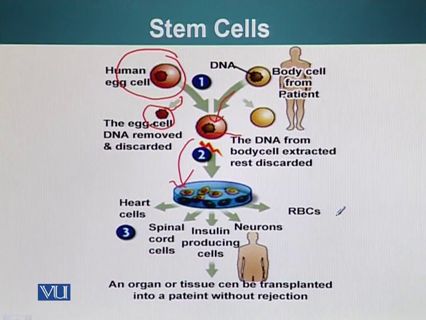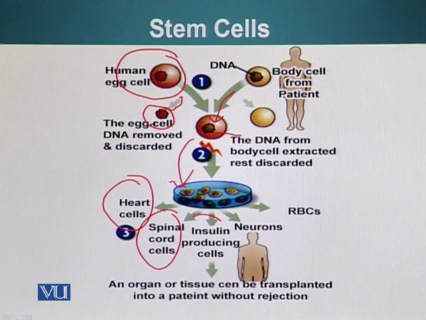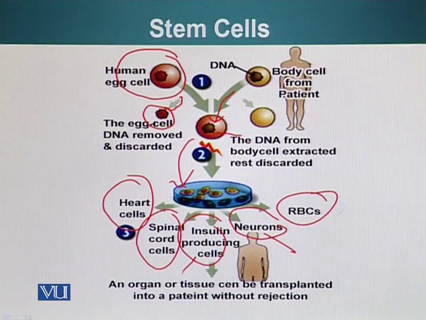Secondly, these embryonic stem cells can be differentiated into almost any type of cell in the body. Say, for example, heart cells, spinal cord cells, insulin producing cells, neurons, even red blood cells. I would like to mention that differentiating adult stem cells into neurons or insulin producing cells is very challenging, and attempts to do this have not been very successful.